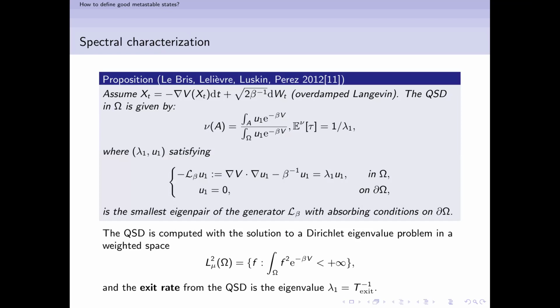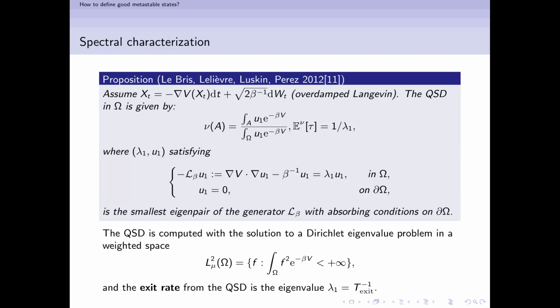So this is the mathematical link that was discovered by Gabriel, Lelièvre, Materials and then Perez, which gives a very nice characterization of the QSD in the case where your dynamics is given by this overdamped Langevin dynamics, which samples the canonical configuration also.